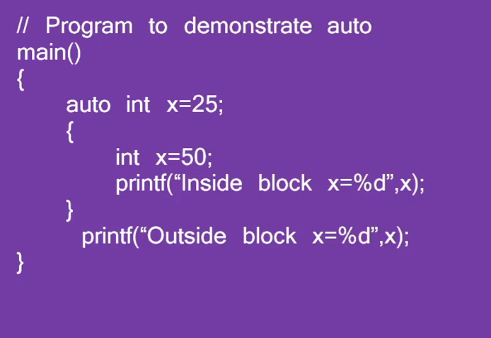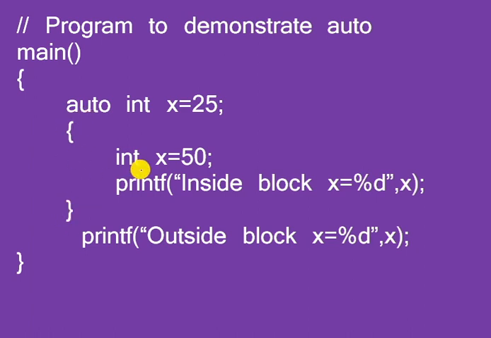Now we will understand the auto storage class by taking one demonstration program. Here we have a main function consisting of auto int x equal to 25. I am declaring an x variable of integer type with automatic storage class and assigning the value 25. Then I am taking one block, from here to here.